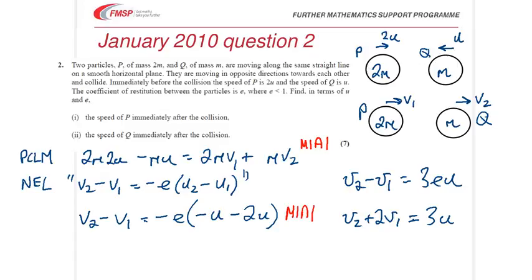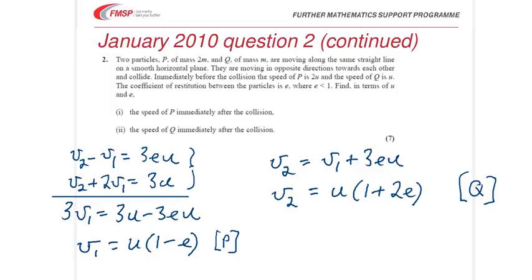Then we had an M1A1 for solving on the next page, for solving the simultaneous equations. The way that works is M1 for the method for solving the equations, A1 for the velocity of P, and A1 for the velocity of Q.